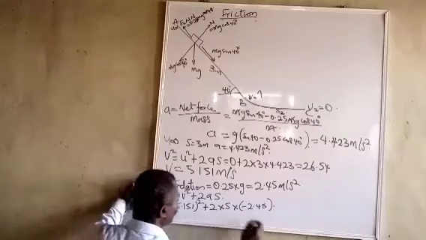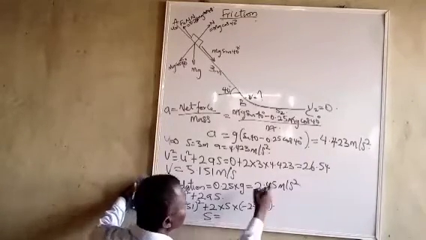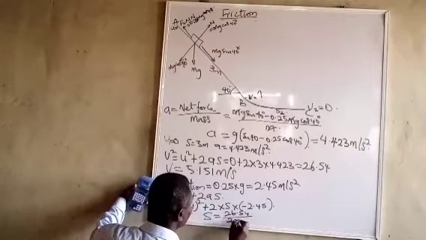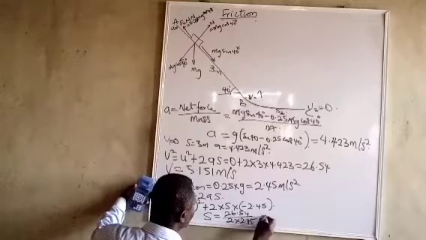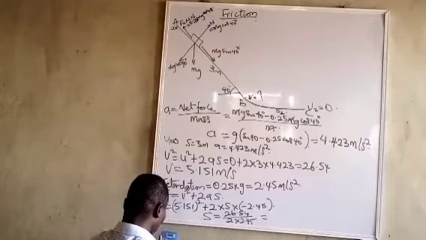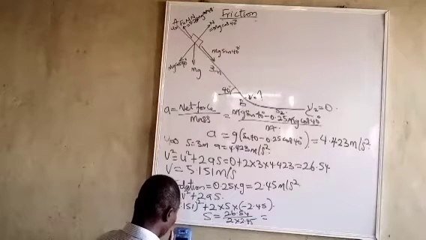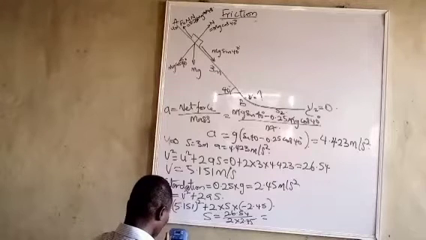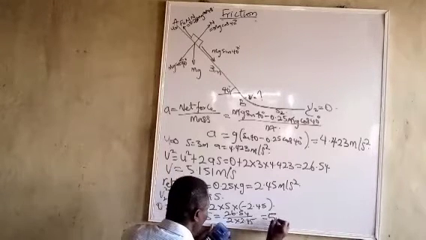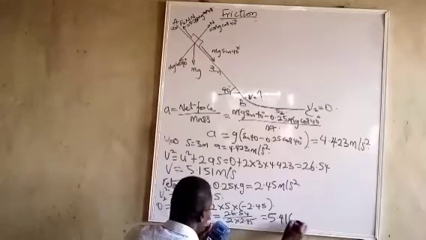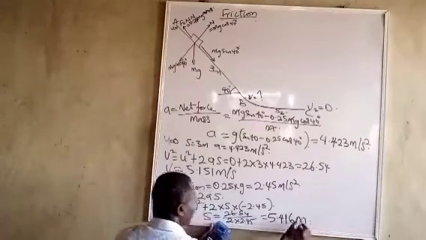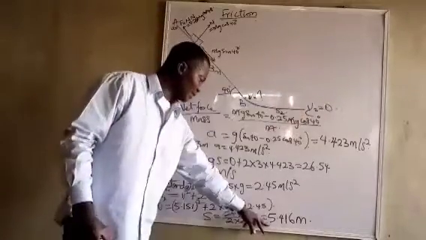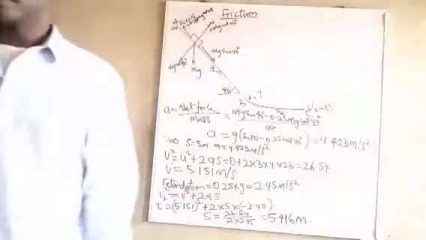Therefore, s will be equal to 26.54 divided by 2 times 2.45, and that is 5.416 meters. So for the body to come to rest at C, this is the distance from B to C.